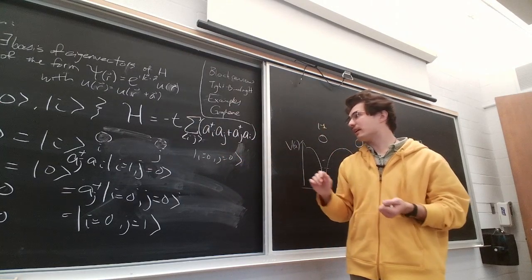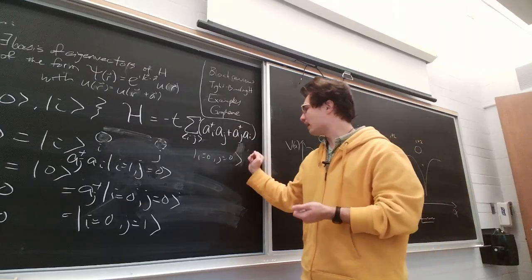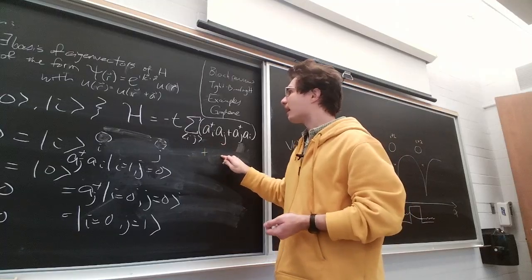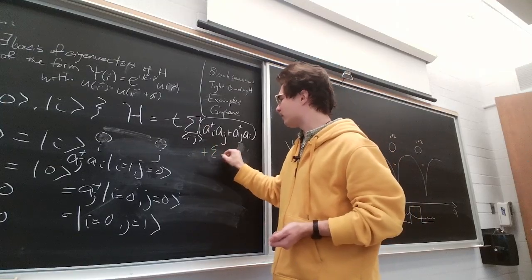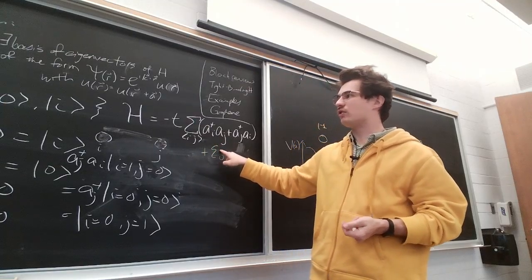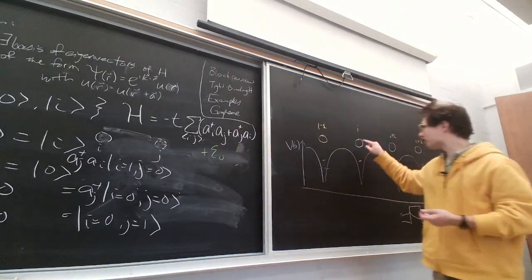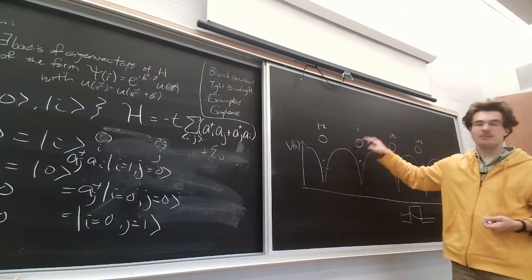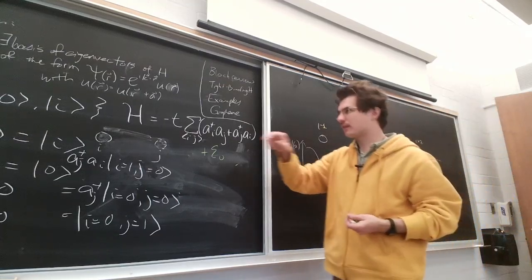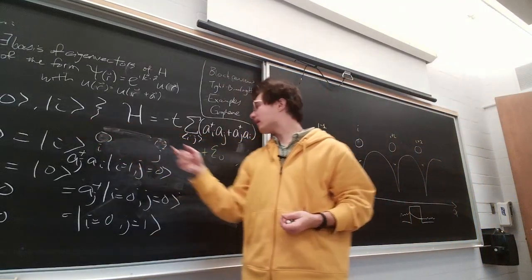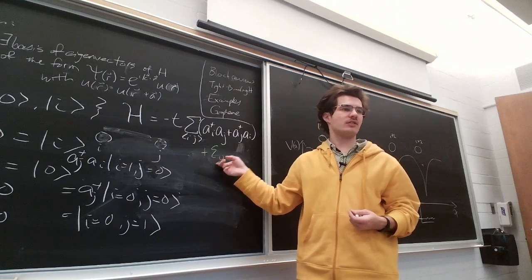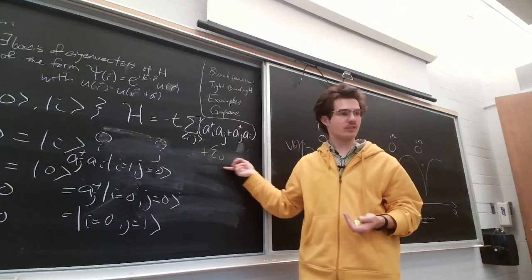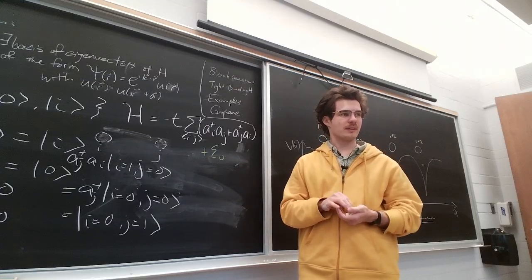One thing that technically was forgotten is you could include an additional E0 term, which is the ground state energy. But since we're assuming that all of our states are the ground state, this is just a constant, and shifting the energy by a constant shouldn't change your physics too much, so you can remove this constant and not worry about it.